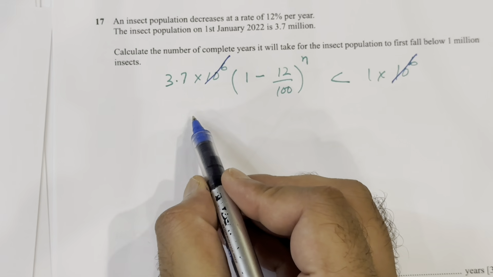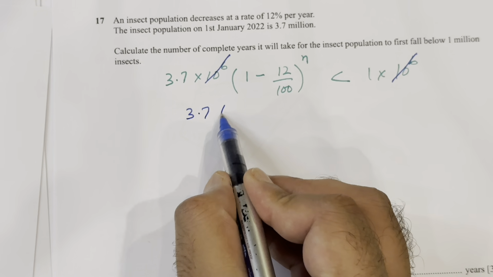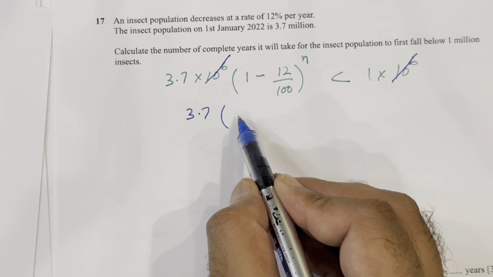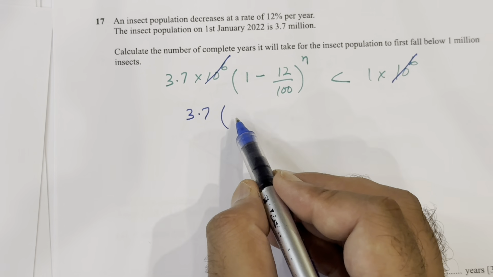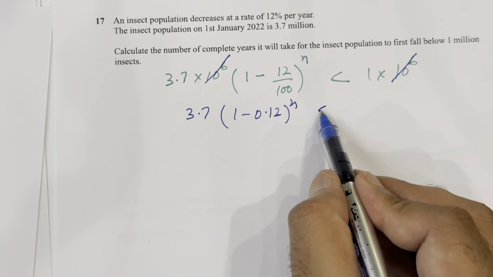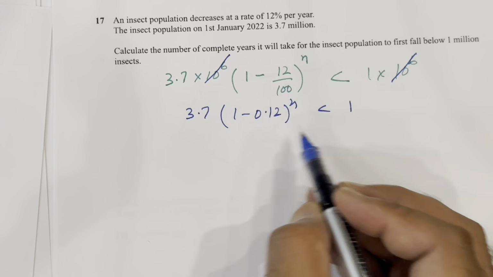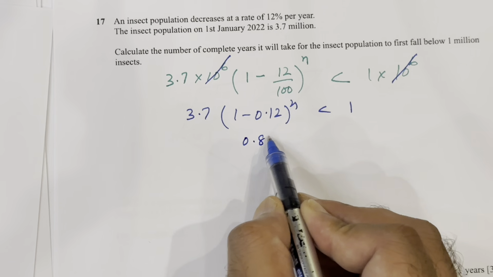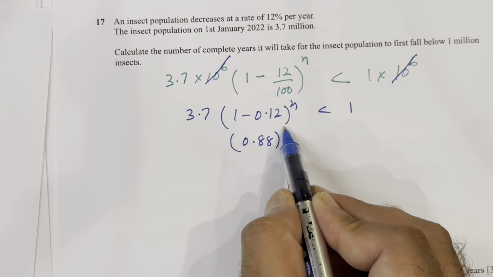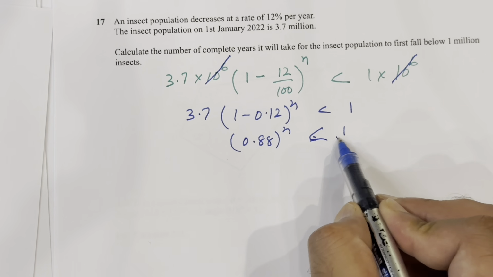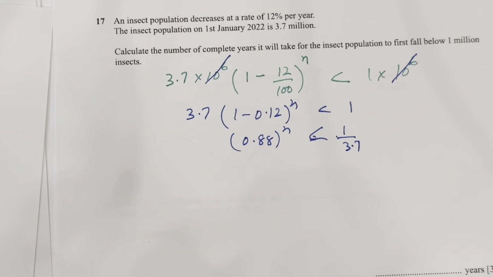Okay, next step would be 3.7 times (1 minus 12 by 100), which is 1 minus 0.12, to the power n, and this would be less than 1. 3.7 we're gonna divide over here, and 1 minus 0.12 would be 0.88 power n, and this would be less than 1 over 3.7.